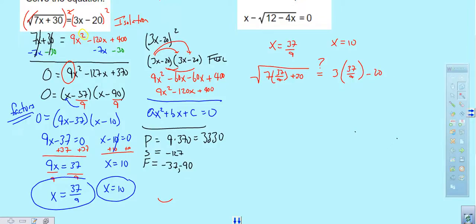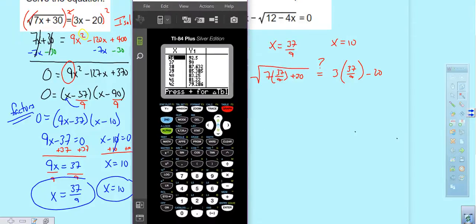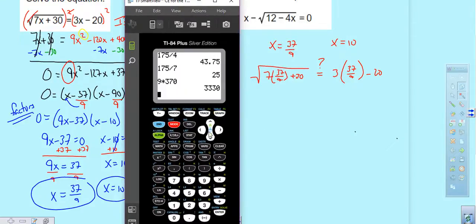So I pull out my calculator at this point and I test out each side. I go to my home screen, second quit. I don't plug in the radical personally, I just do it as it is. So I say 7 times, open parentheses, 37 divided by 9, close parentheses, plus 30.